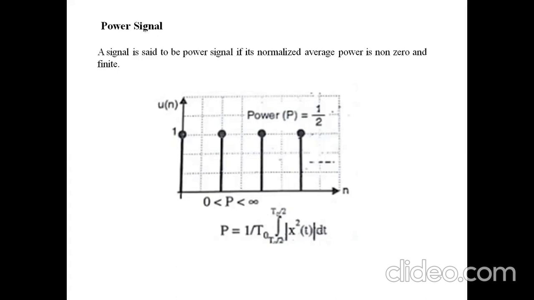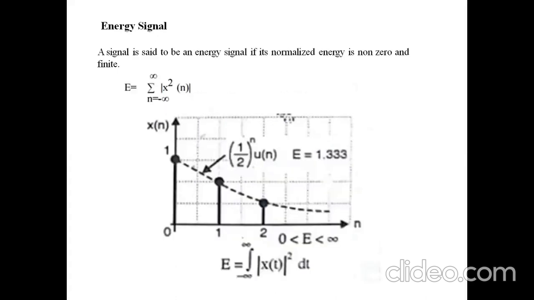So this is the definition of a power signal, or simply you can say a signal is said to be a power signal if its normalized power is non-zero and finite. Now, energy signal.